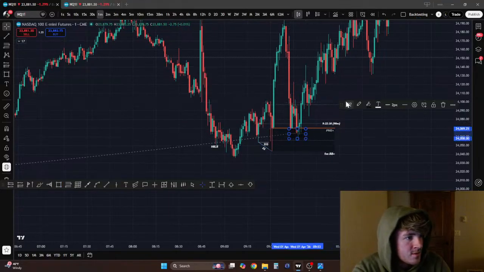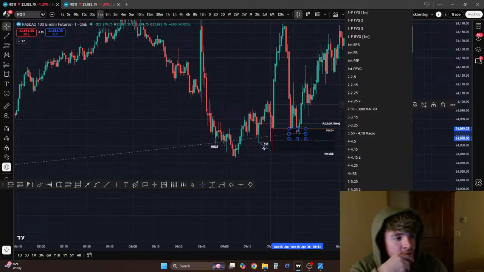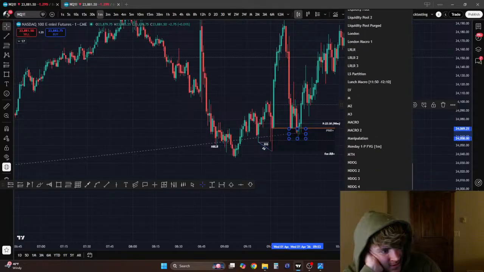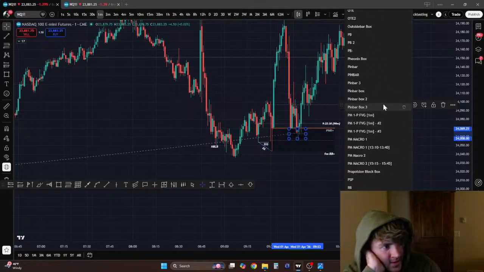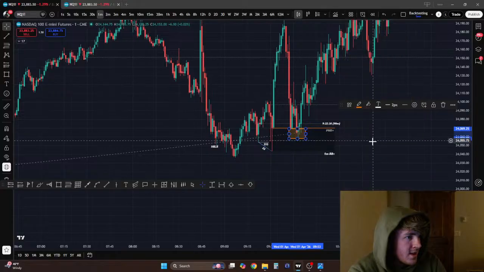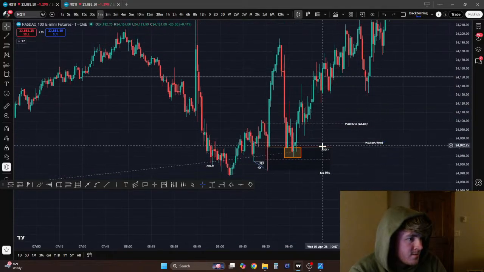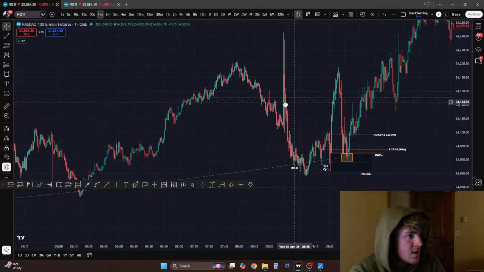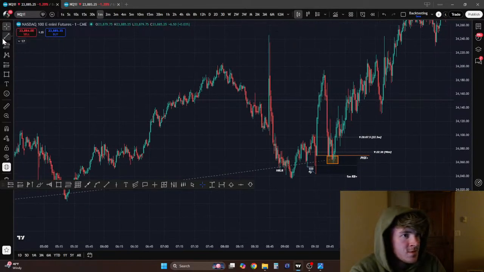And then where's the draw on liquidity? After this happens, below all the true opens, the draw on liquidity is the data high. So boom, then we run up to here.